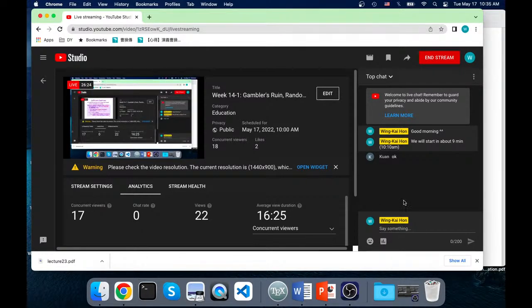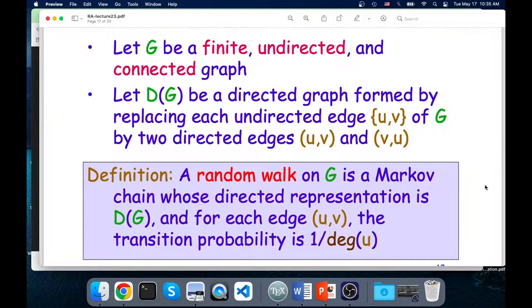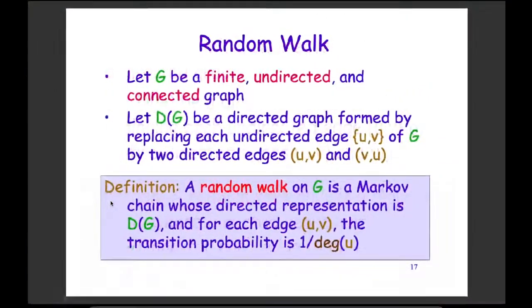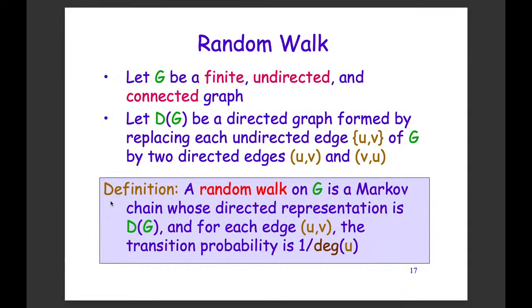So we are now moving to the final topic for today's class. Okay, now random walk. For random walk, it is a random walk on a graph. So we have a graph G, and we assume that it is finite, undirected, and connected at the beginning.